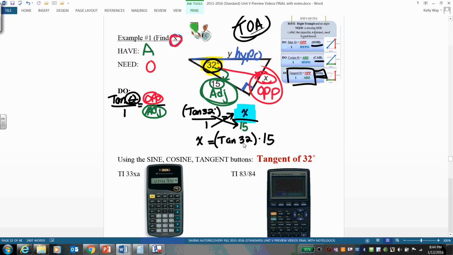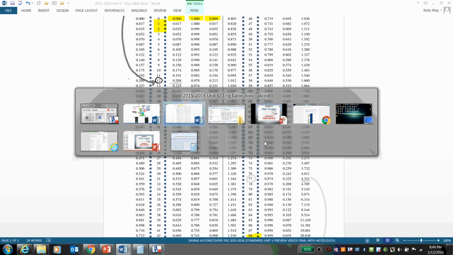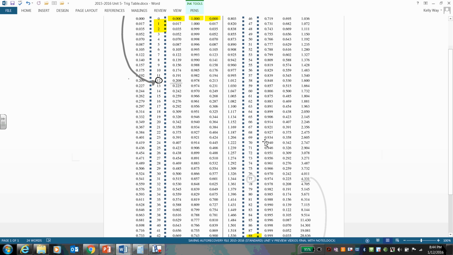When I say tangent of 32 degrees, I don't mean 32 degrees. I mean the tangent of 32 degrees. A ratio of 32 degrees, which if you were looking on this chart, the tangent ratio, that's the third column of 32 degrees, is right there.